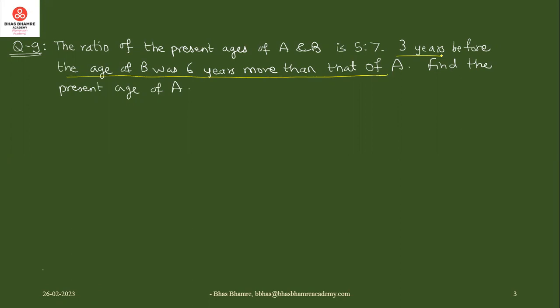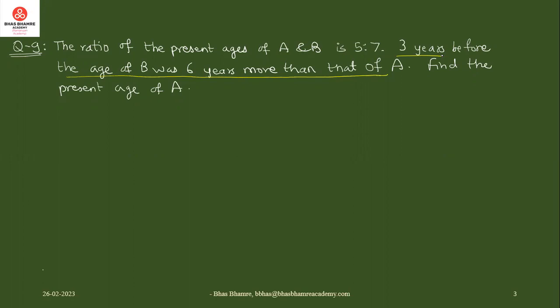Will it remain the same, 6 years more, or will it be 9 years more? That will remain the same. Because it is said 3 years before the age of B was 6 years more. So today also 6 years more, and after some years also it remains the same, 6 years more.